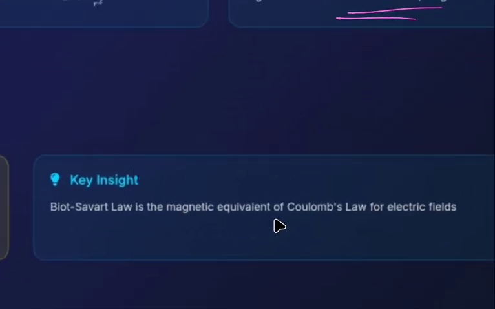Biot-Savart law is the magnetic equivalent of Coulomb's law for electric fields.